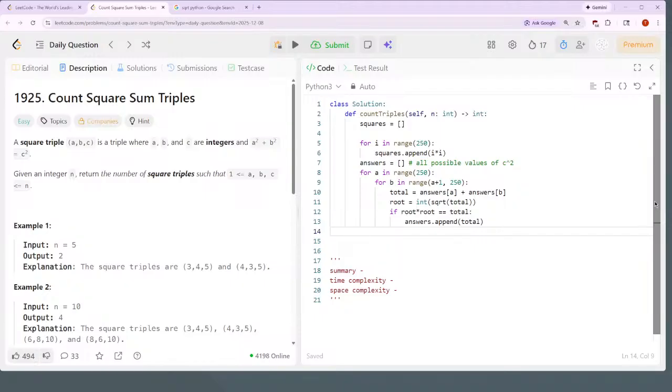And then let's go ahead and just print out the answers.